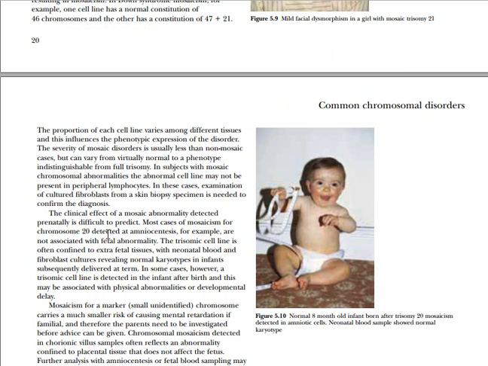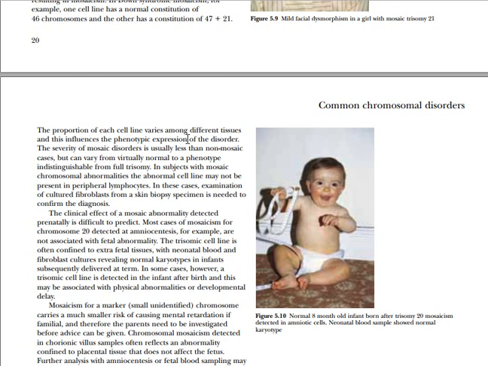Now the proportion of each cell line varies among the different tissues, and this influences the phenotypic expression. So different tissues can have different cell lines. It depends on the tissue. Like if you're in the heart, you may not have the Turner syndrome mosaicism greater there.